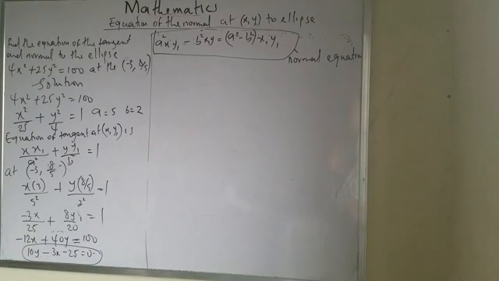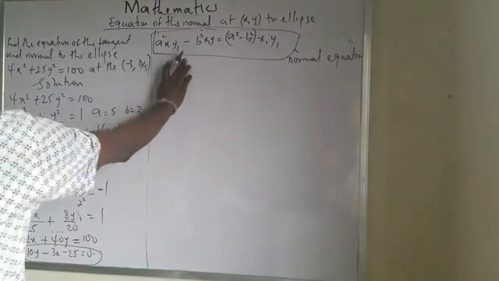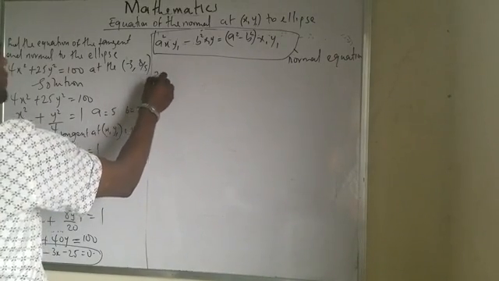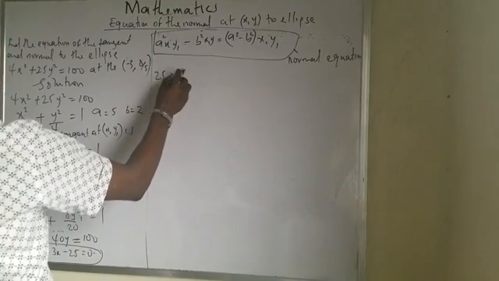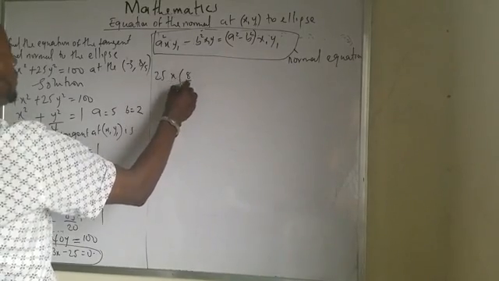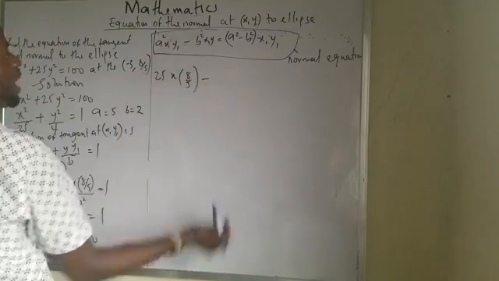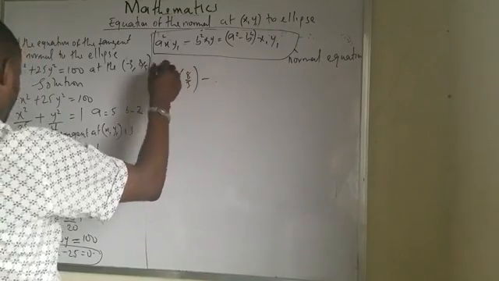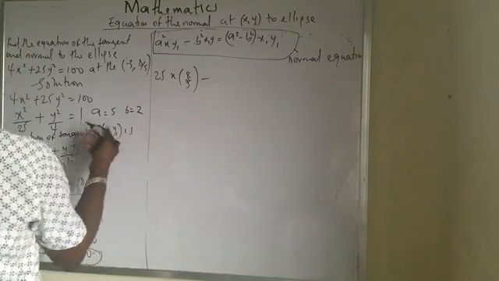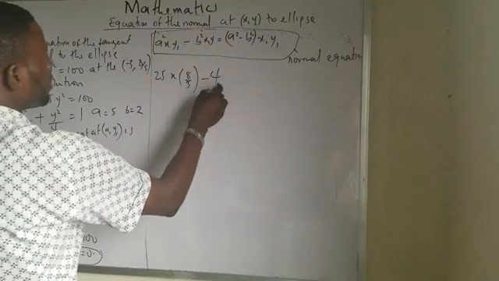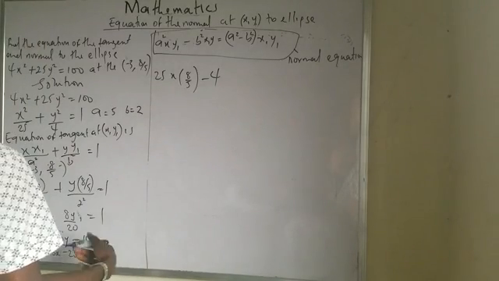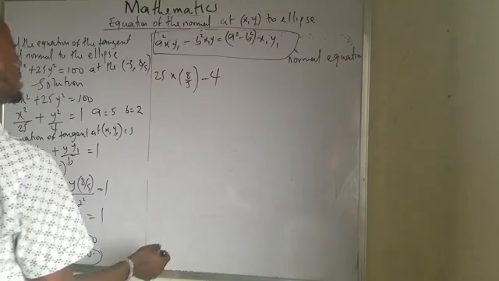Now, if it is normal, I don't need to stress myself. It means this is the equation of normal at a point. I'm now on normal. What is my b? My b is 4, times x1, y1, and continue, which is x.